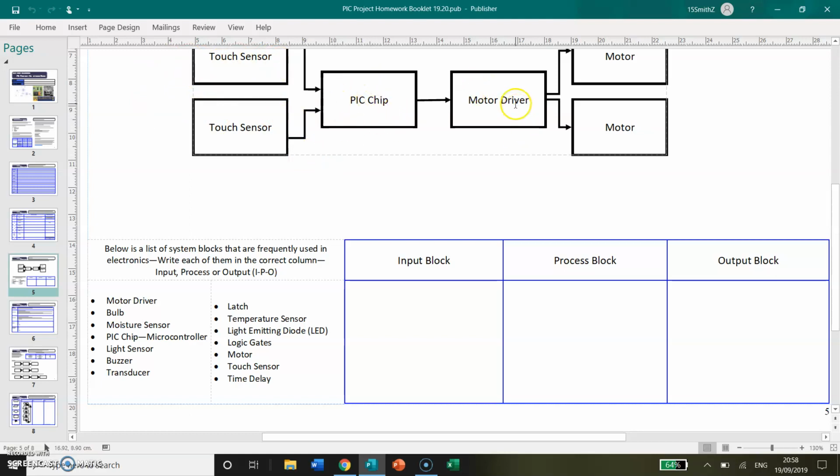These are both process blocks because they are looking at the electronic signals here and adapting or editing them, altering them so that it goes to the next one, still dealing with the electronic signal here. And these two are outputs. They take our electronic signal and they transfer that energy into rotary motion. So you need to look through this list, do a little bit of research and decide for each of these, are they input, process or output.